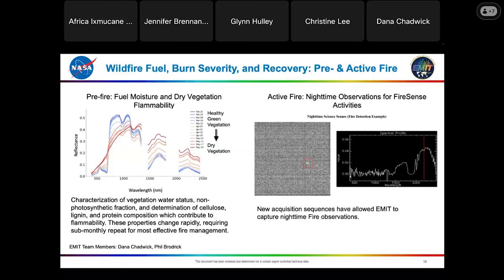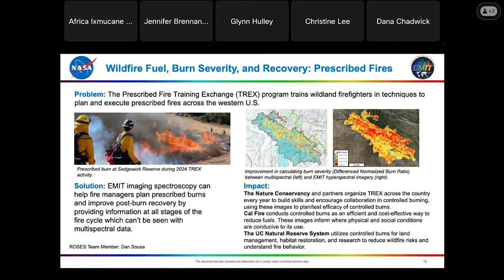We did also want to highlight that we have started to also be able to acquire active fires at night. So this is something that we've been doing in coordination with the NASA FireSense team. This is related to some of the things that Christine was also talking about with fires here.